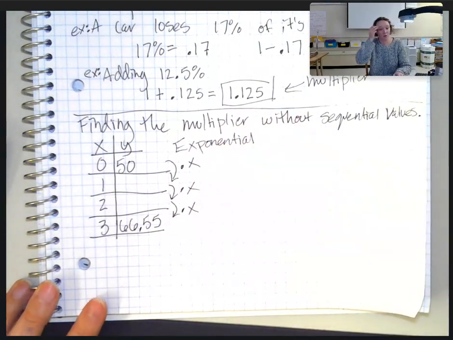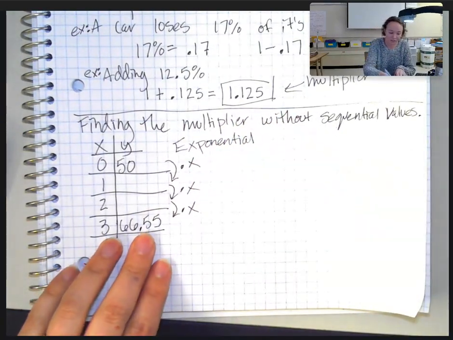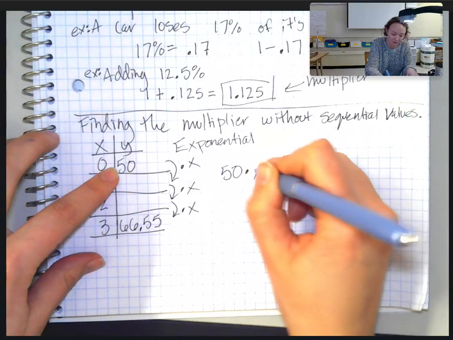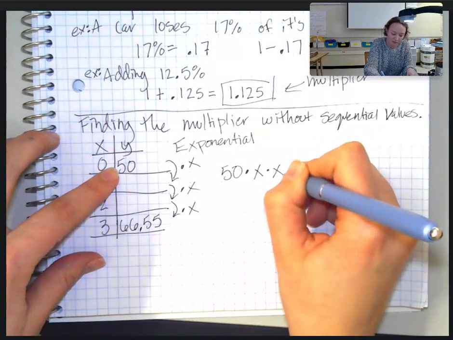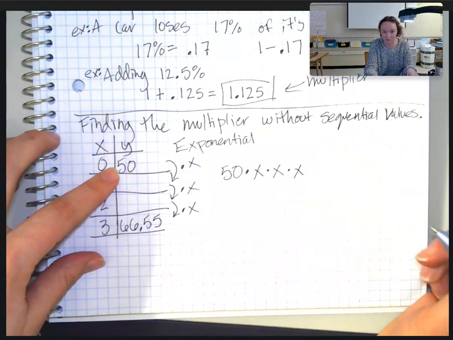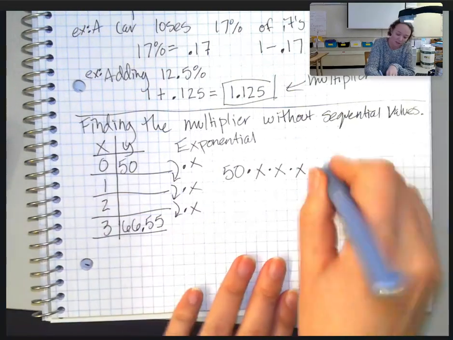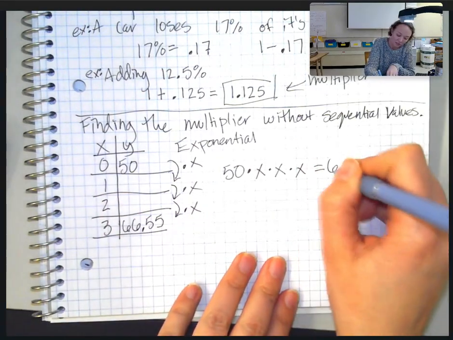All right. So let's write out an equation of what I just said. So I said that I take a 50, that starting value, I multiply it by x, multiply it by the same thing again and again, 3 times total because I jumped from 0 to 3. And then at the end, it equals 66.55.